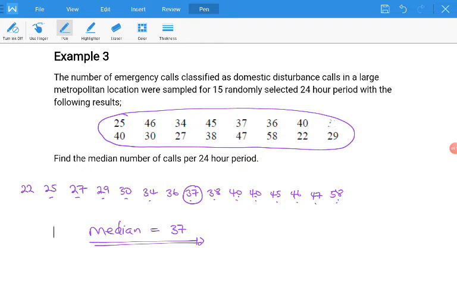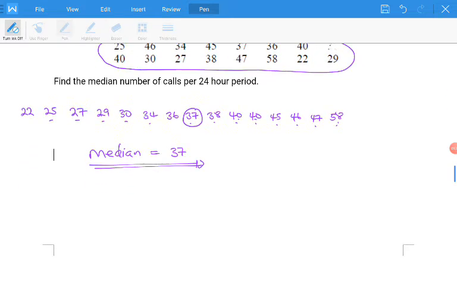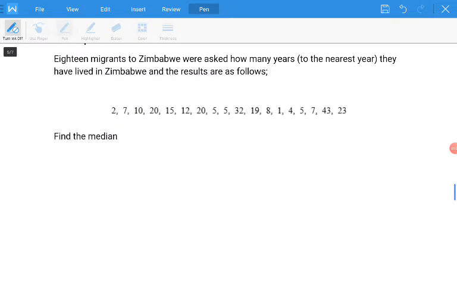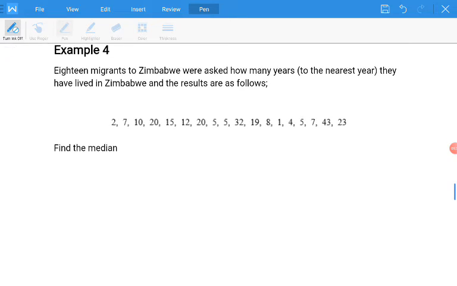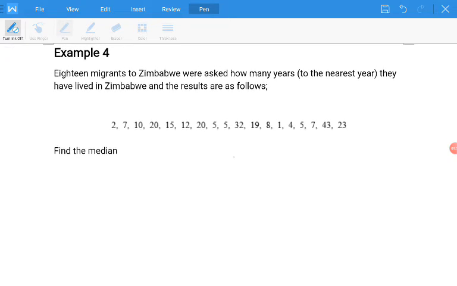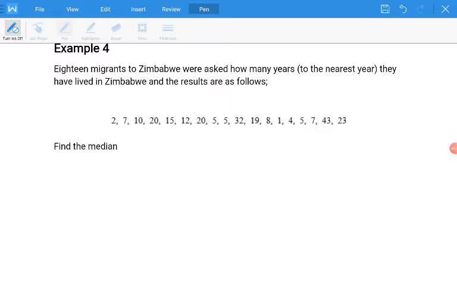So let's go on to look at another example. Example 4. Example 4 is saying 18 migrants to Zimbabwe were asked how many years to the nearest year they have lived in Zimbabwe, and the results are as follows.